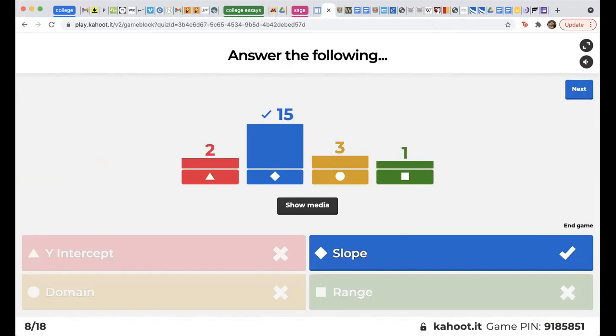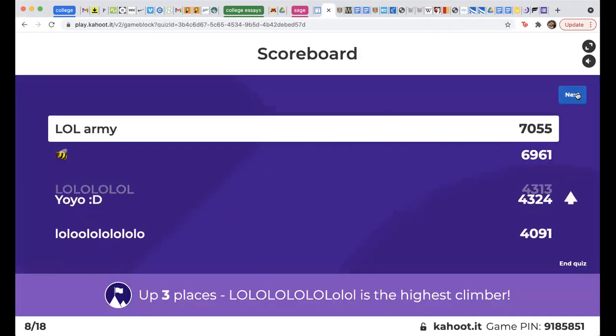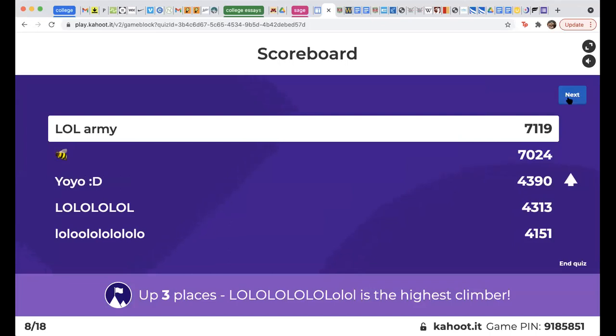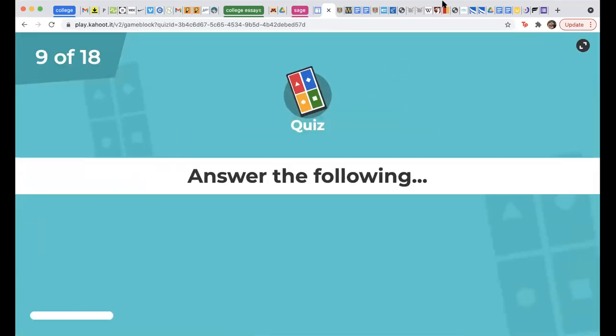Awesome. Yeah, M is the slope. Okay, do you guys still want to finish it?